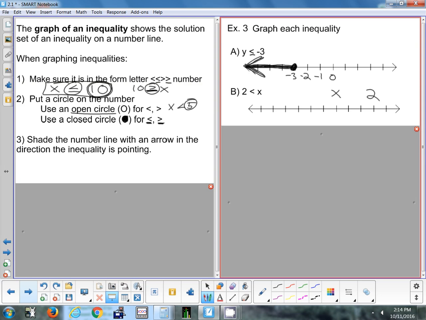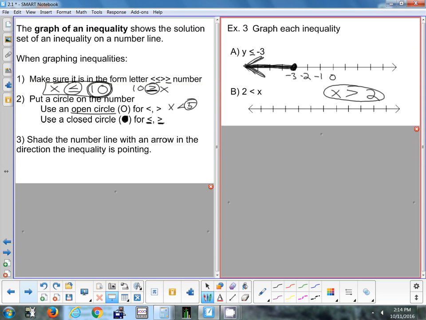But when I rewrite it, I have to be careful with this symbol. This symbol is pointing at which number right now? It's pointing at the 2. When I rewrite it, it still has to point at the 2. If it doesn't, then I rewrote it wrong. That's how you want to rewrite it. Okay? So always put the letter on the left, put the number on the right, keep it pointing at the same thing.